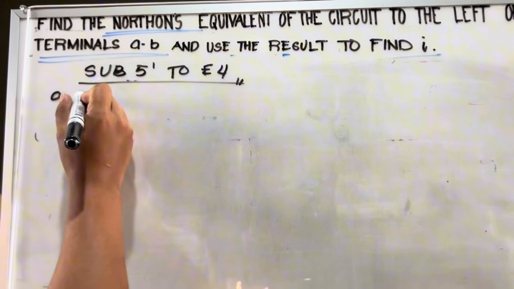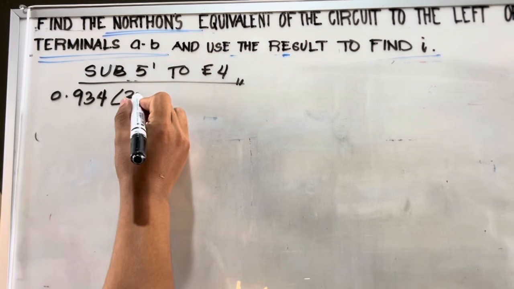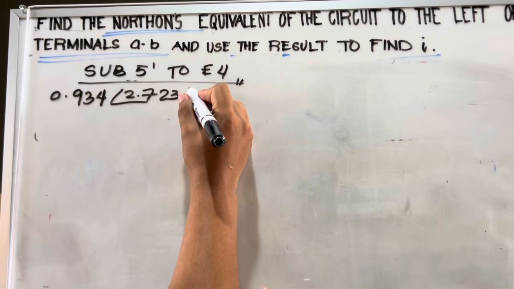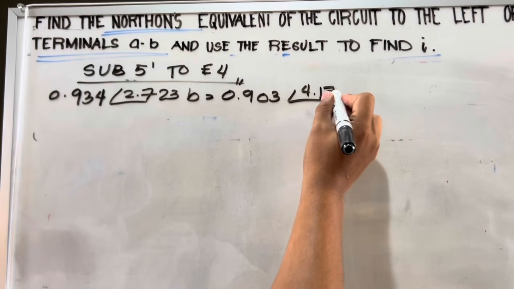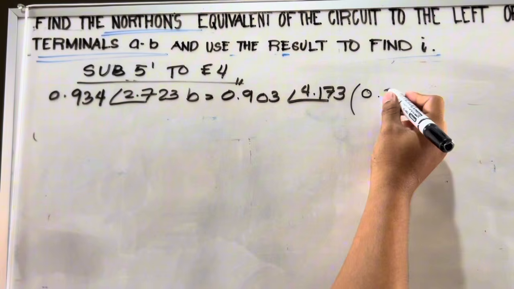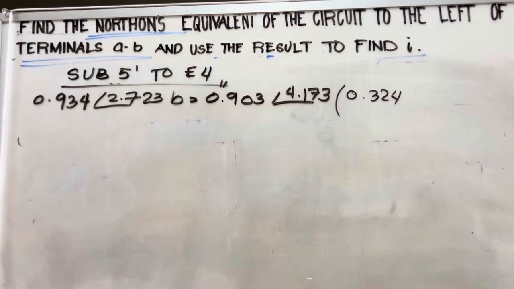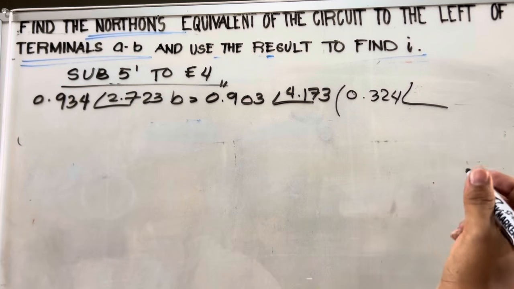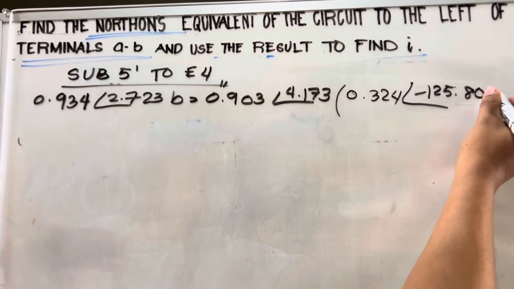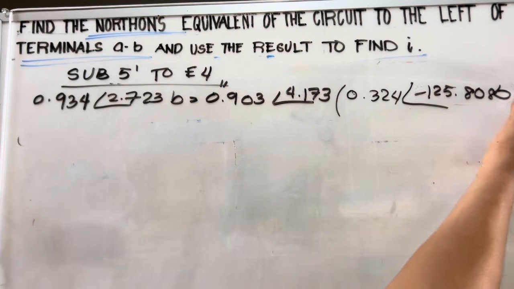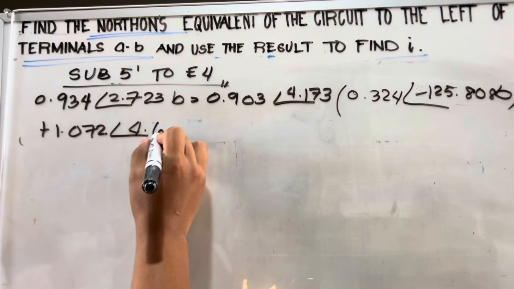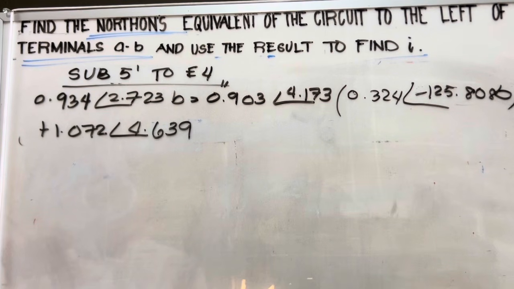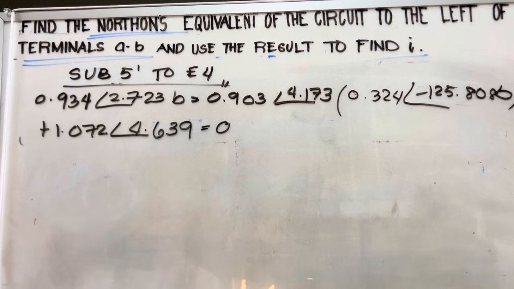Therefore, we have 0.934 angle of 2.723 times B is equal to 0.903 angle of 4.173 times 0.324 angle of negative 125.808 times B plus 1.072 angle of 4.639 is equivalent to 0.